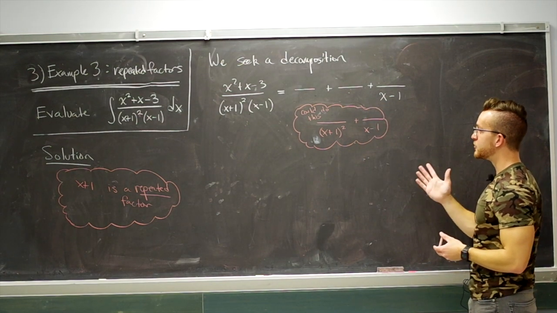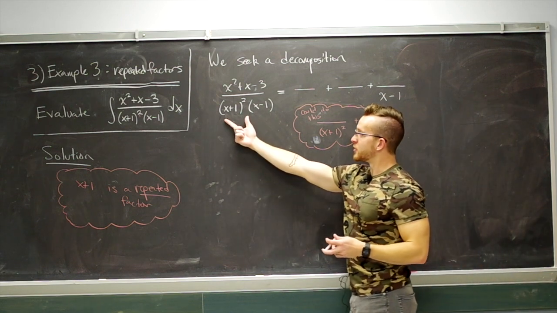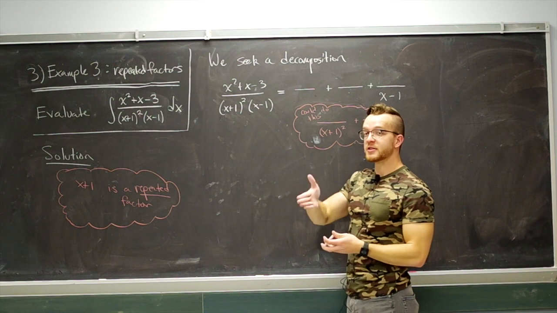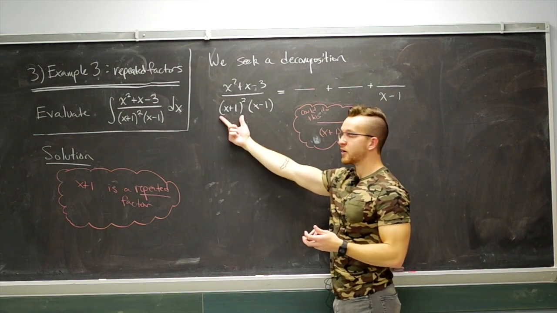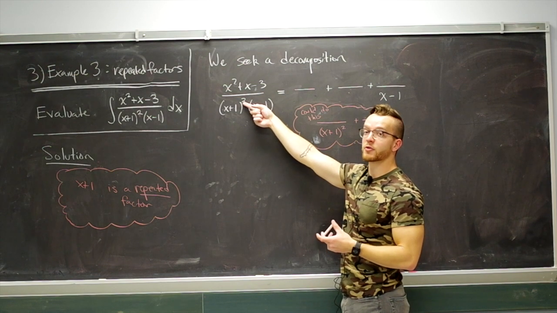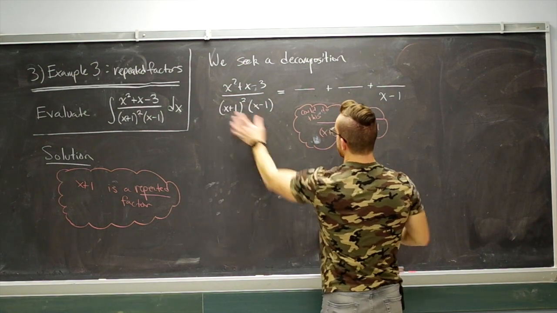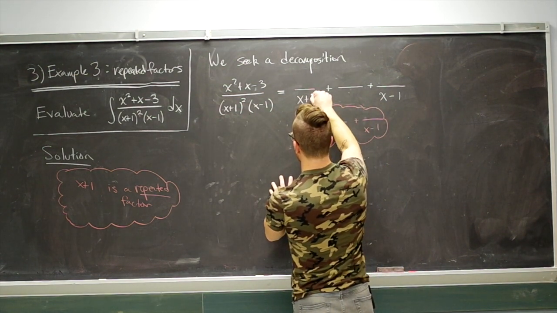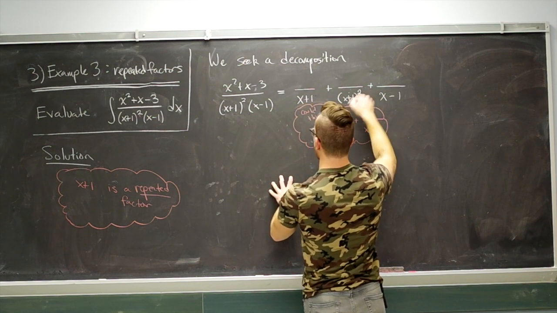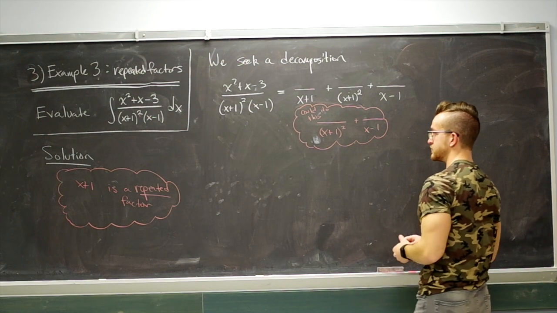With these terms, in the denominators I'm going to write successively increasing powers of the repeated factor until I reach the total number. In this case, that would look like an x plus 1 here, and then an (x plus 1) squared here.